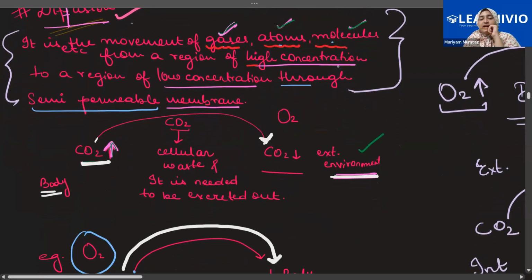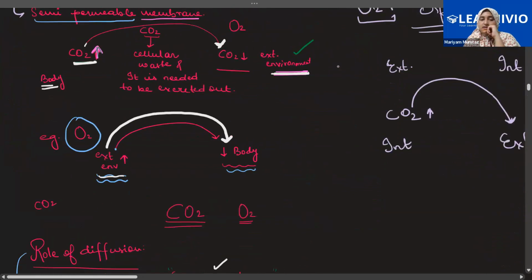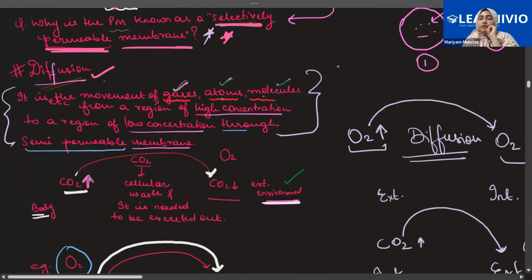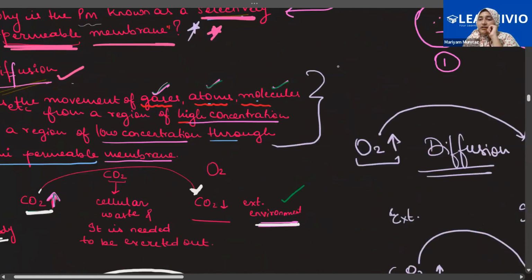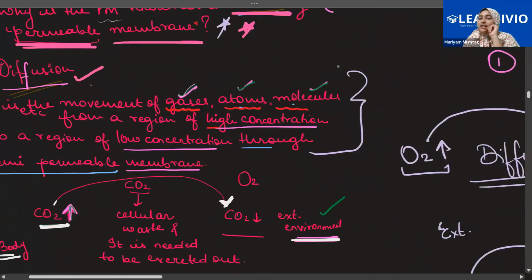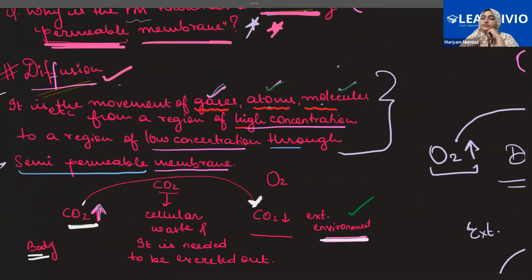Now, related to that, we have certain things. See, when we breathe in and breathe out, which is the gas that we take in while breathing in? O2, oxygen. Right? And which is the gas we breathe out? CO2, carbon dioxide. Very good. So whenever we breathe in, the amount of oxygen in the outer environment, in the atmosphere, is much more than inside our body.